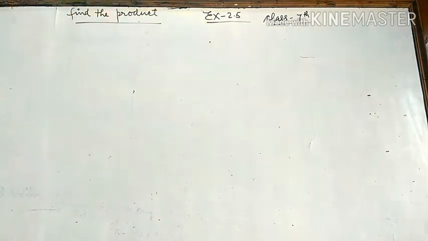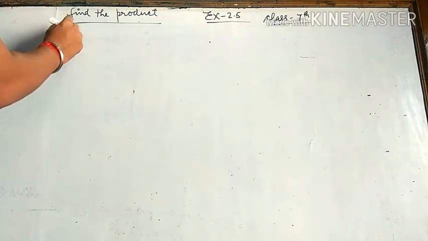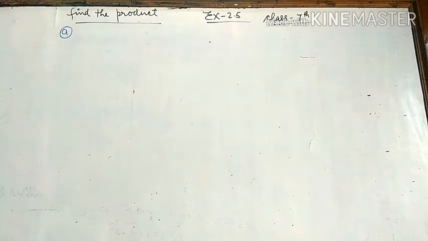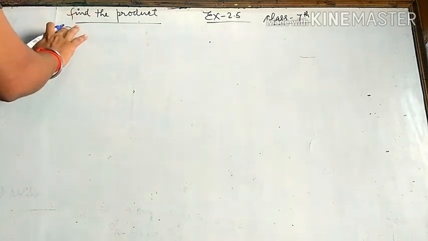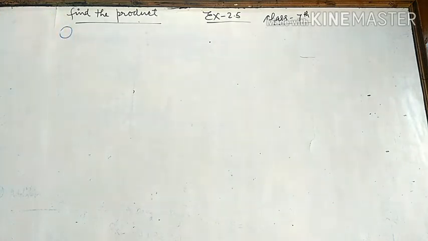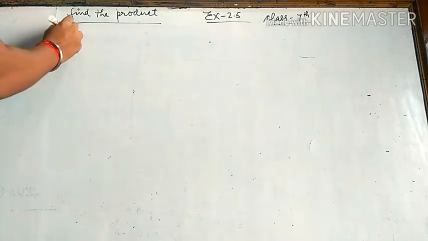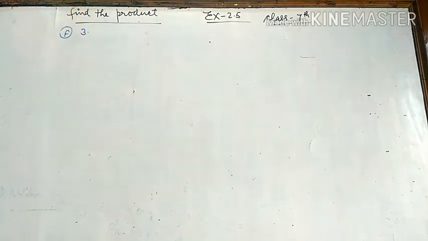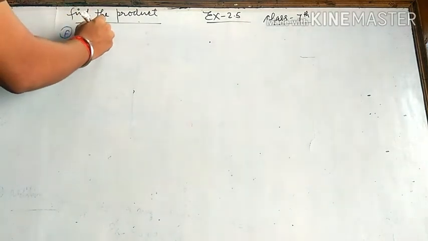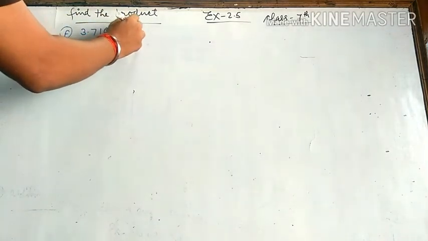Exercise 2.5, and now we are going to find the product of the numbers. So the first question, question number F: 3.718 multiplied by 100.